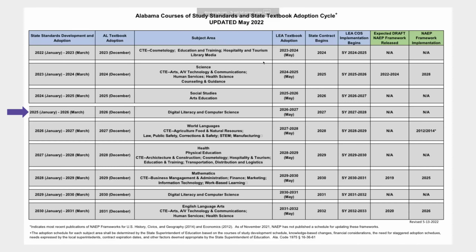So our final thing I wanted to show everyone before we move on to looking at our different resources is our course of study and textbook adoption cycle. So everyone kind of knows where we've been in the past and where we're going. As I mentioned towards the beginning of our presentation, those 2023 science standards are being implemented this year.